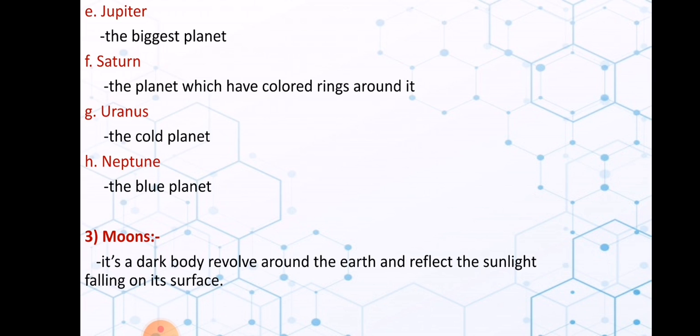So we can say that moons are dark bodies that revolve around planets and reflect the sunlight falling on them. The moons revolve around the planets, while the planets revolve around the sun. We have to take care about this part.